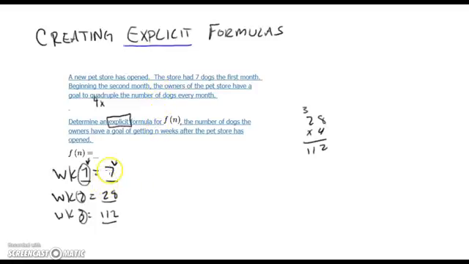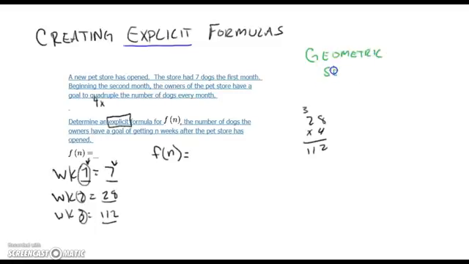So you have an explicit formula, and essentially what that means is for f of n, so the number of dogs is going to be equal to some value that's being multiplied. Well, that sounds exactly like a geometric series, doesn't it?